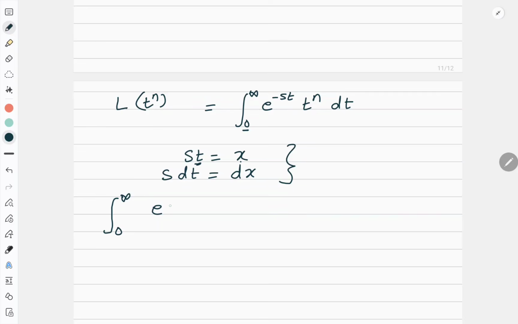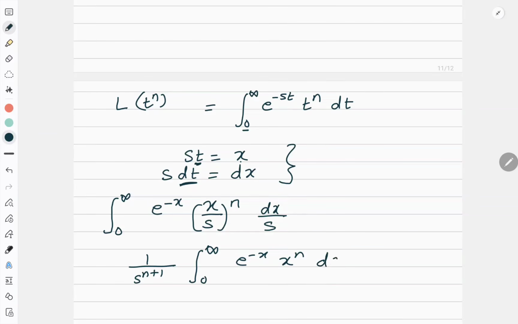Okay, and e to the power minus x, and what is the value of t? t is from here, t is x by s. So x by s to the power n. Okay, and what is the value of dt? dt is dx upon s. So now this gets converted into 1 upon s to the power n plus 1, because s is a constant when I am integrating with respect to x. 0 to infinity e to the power minus x, x to the power n dx.